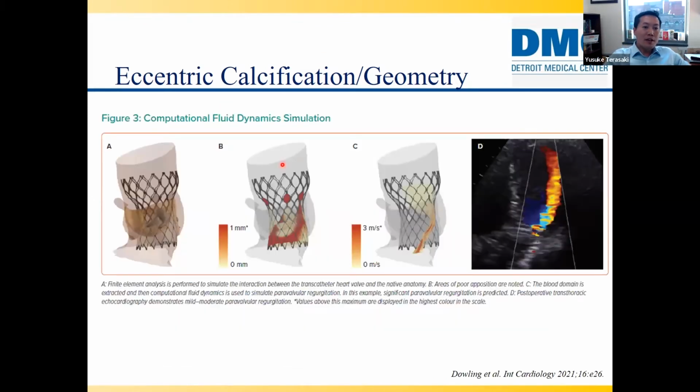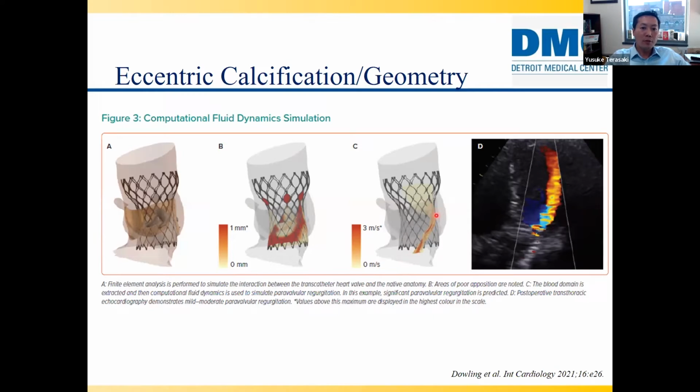Here's a computational fluid dynamics model, as they call it. They were able to depict the deployment of the TAVR valve within a bicuspid valve and predict the amount of space between the two.